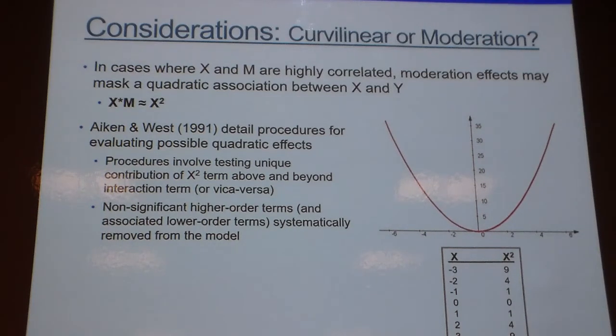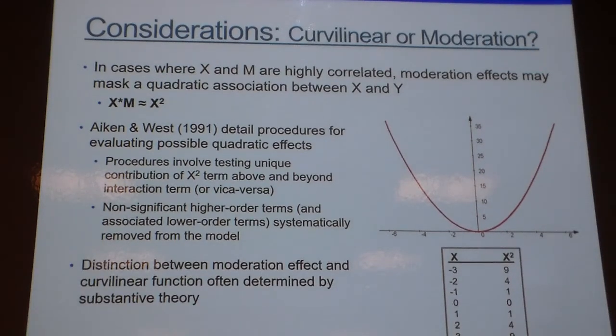So Aiken and West talk about different ways to make sure that you're not actually capturing a nonlinear term with your interactions, basically including a squared term in there, that's in an assignment. But again, it's something to keep in mind.